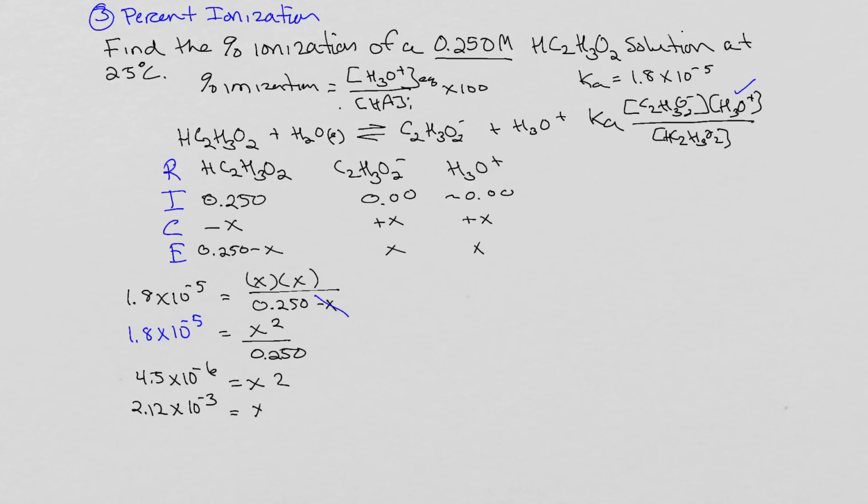So we have our x value. We're going to then plug this in to solve for our hydronium ion concentration. That's just simply equal to x. So we have our hydronium ion concentration. Now we can circle back and solve for our percent ionization.